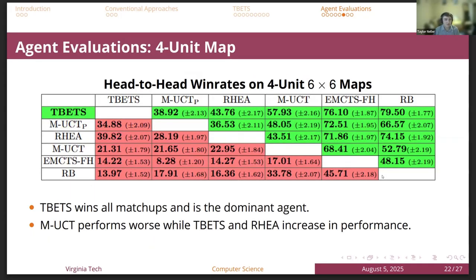On the 4-unit maps, now T-bets is the dominant agent, winning all of its matchups, and then we have a pretty linear pattern with MCTS winning 4, RIA winning 3, etc. The key takeaway here is that MCTS performs worse, and then T-bets and RIA both increase in their performance relative to their opponents.